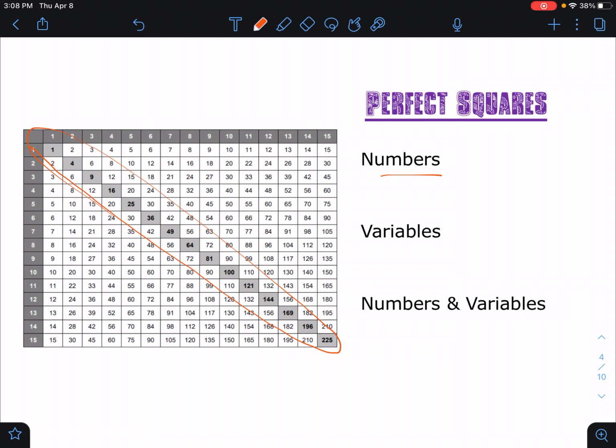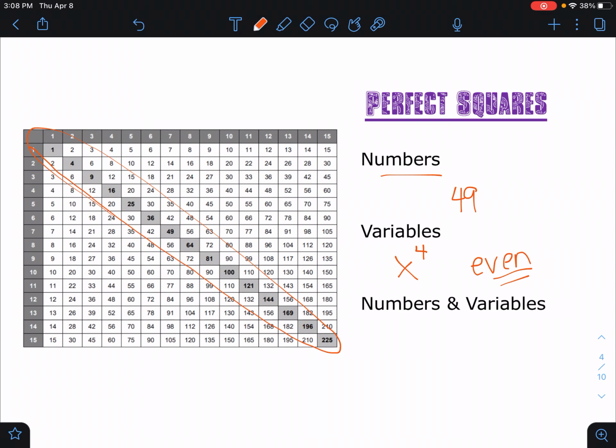So if it's any one of those numbers highlighted in the gray, down the diagonal there, like 49, that's a perfect square, okay? Variables, if they are raised to an exponent, as long as that is even, it's a perfect square. So if it's even, you're good, okay? If not, no good. So if it's x to the 7th power, nope, not going to work.